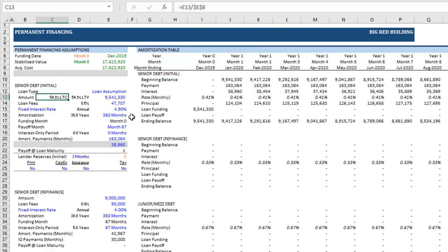That initial debt amortized all the way down. Well, let's imagine a situation where it doesn't amortize. So instead of an amort payment of 163,064, it's actually an amort payment of 57,185. Okay, and all else is equal. But what happens is there's a balloon balance in month 67.